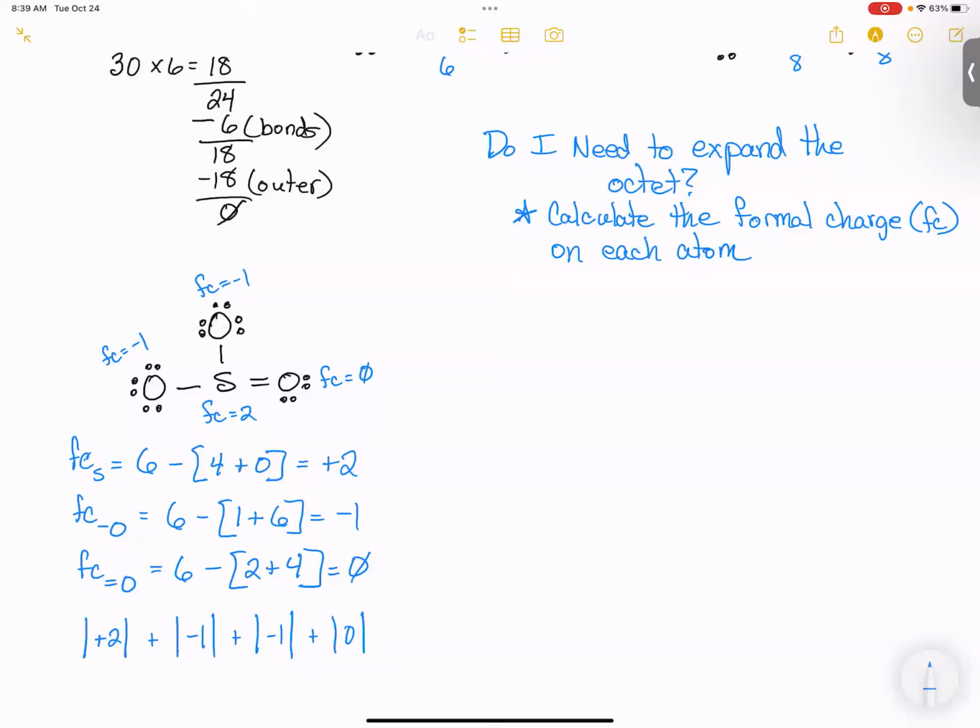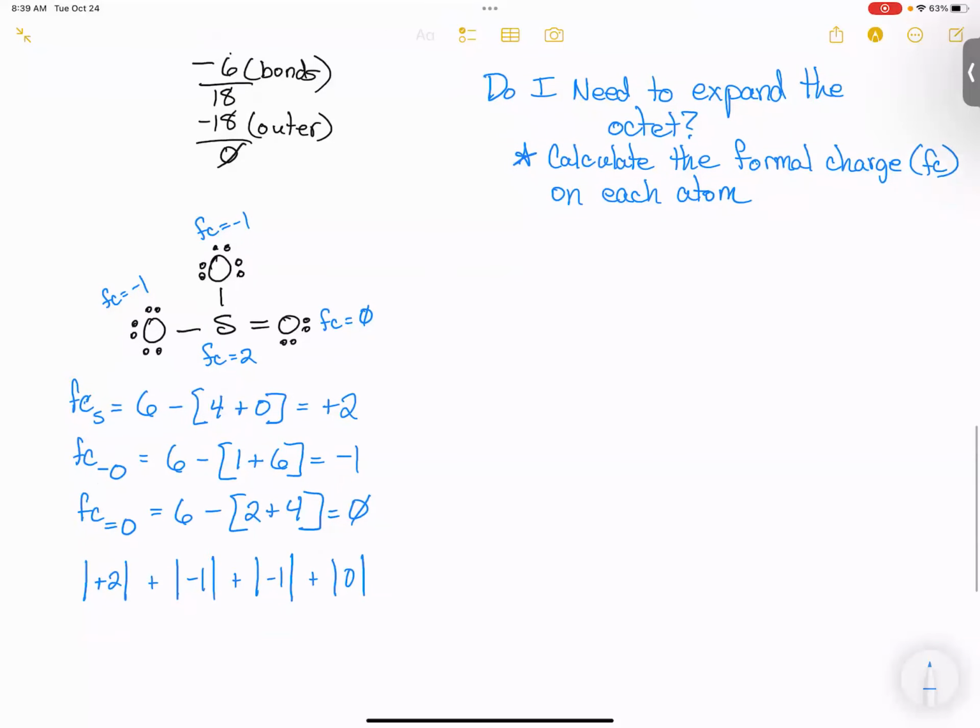In other words, the absolute value is equal to 2 plus 1 plus 1 plus 0, or in other words, we have an absolute value of 4 for our current structure. That's bad. You want to minimize formal charge. You want to get it as close to 0 as possible.